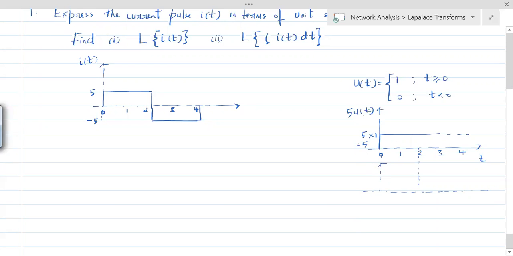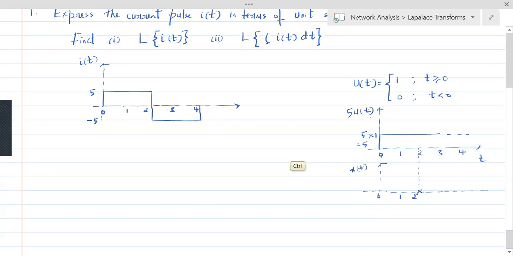So this signal 5u of t minus the signal which is starting at 2, let's say, starting at this point. Suppose this is x of t. What is 5u of t minus x of t from 0 to 2? What is 5u of t?